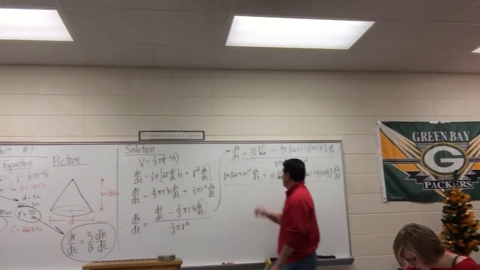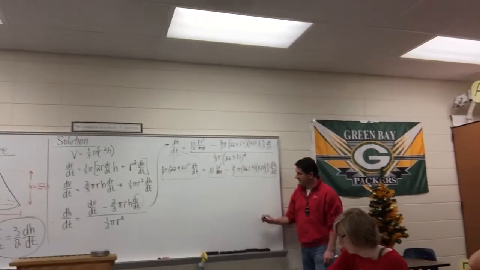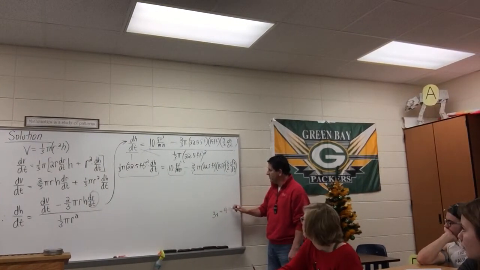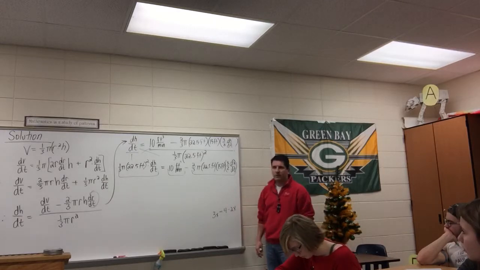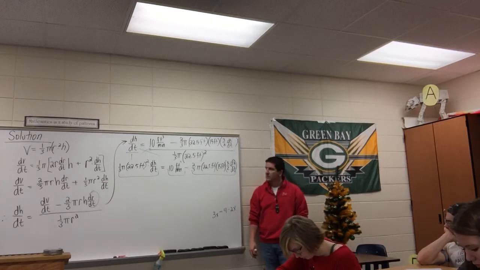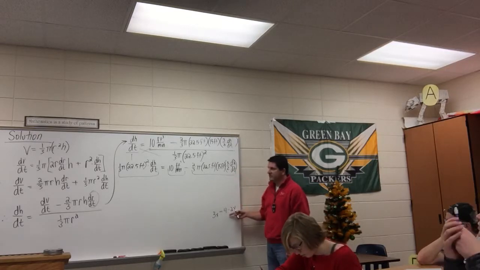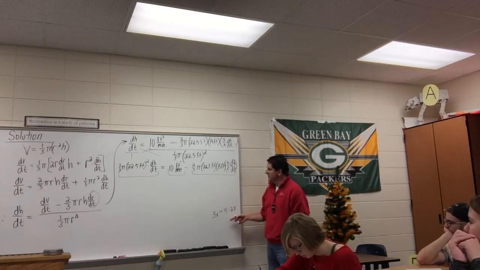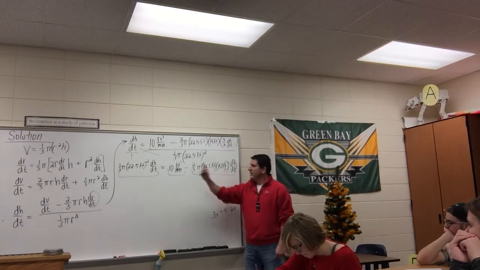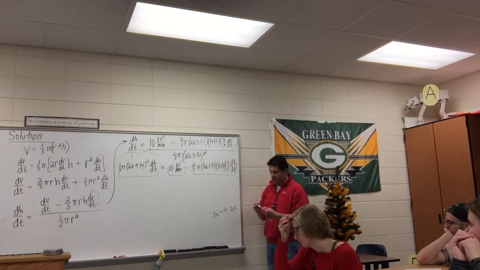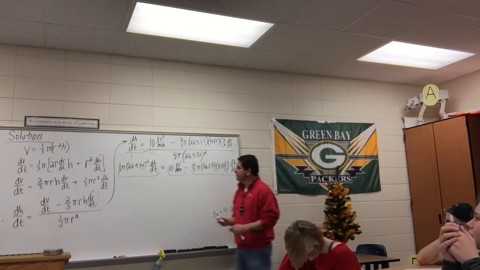In all honesty, it's like in algebra if you did something like 3x is equal to 4 minus 2x, where dh/dt is the x. It's similar to solving this kind of problem. So I'm going to add this term over to the other side, and then we can solve for dh/dt.